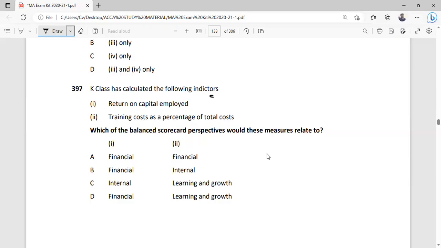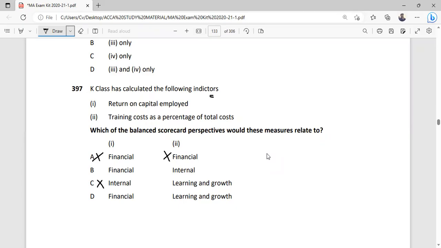So there are three financial measures. It means C is completely incorrect. The other one is training cost as a percentage of total cost. Although apparently it looks like a financial measure because we are calculating training cost in comparison with the total cost, it is not a financial measure. So that is not the right answer.